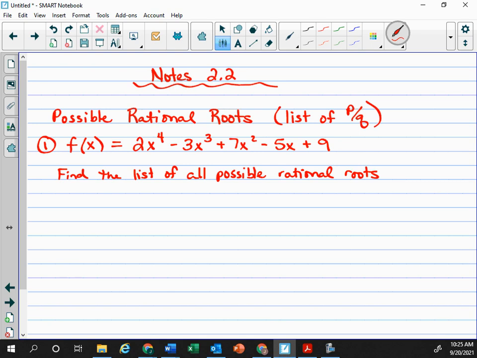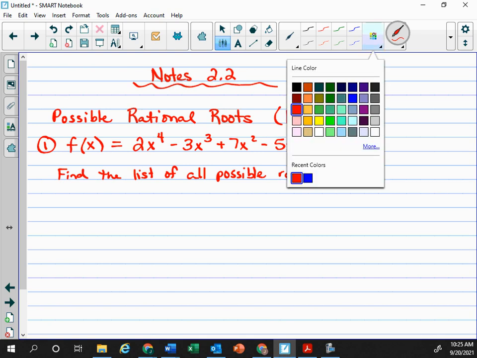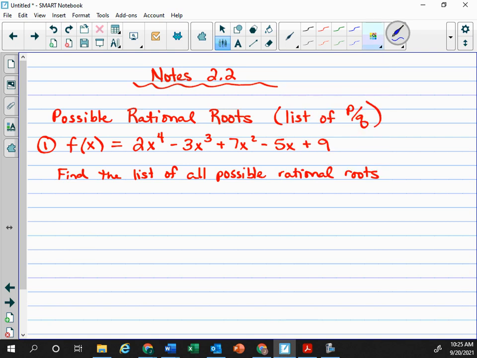Okay, key in the directions here. If it just says find the list, just find the list. Don't find the actual solutions. That is so much more work than just finding this list of possible rational roots, okay? When you're finding the list, we'll find it first and then I'll explain what it's really telling you. You are looking for what is called your P over Q list.